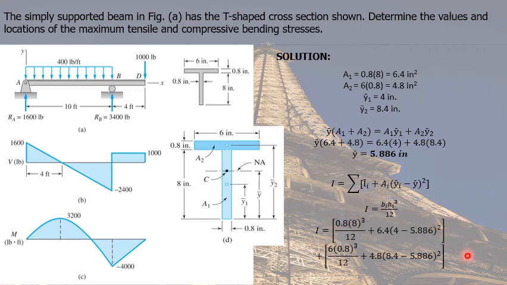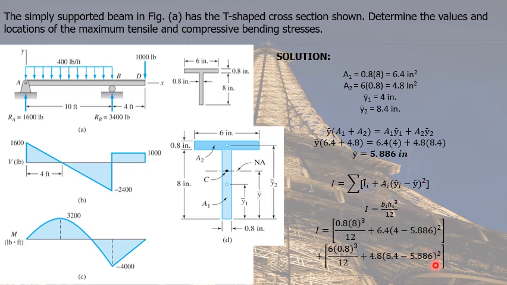Next, we consider area 2. For area 2, our base is 6. Our height is 0.8. So this is now the moment of inertia of area 2. Plus area 2 is 4.8, and y bar 2 is 8.4, and our y bar is 5.886.